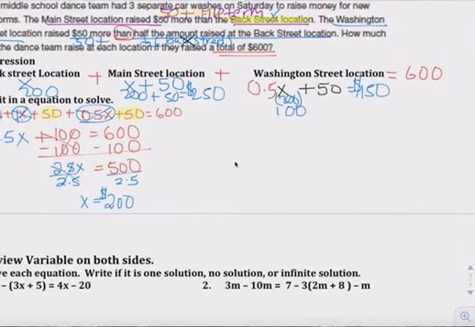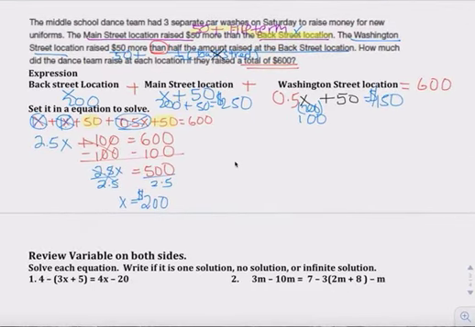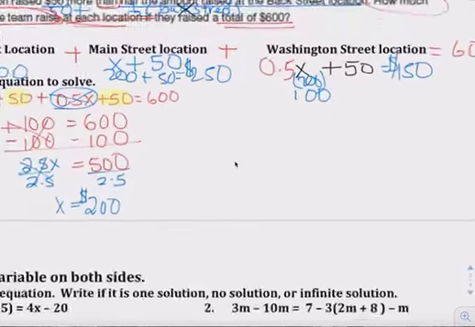So how much did each team raise is the question here. How much did each team raise in each location, okay? So let's see. At Back Street location, they raised $200.